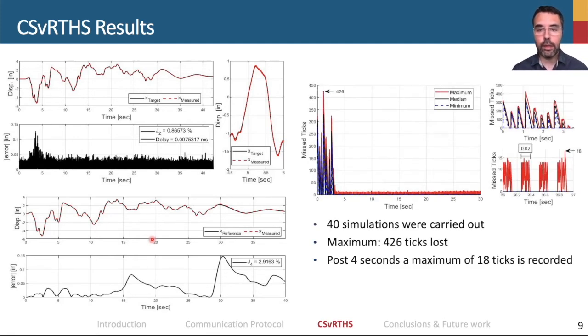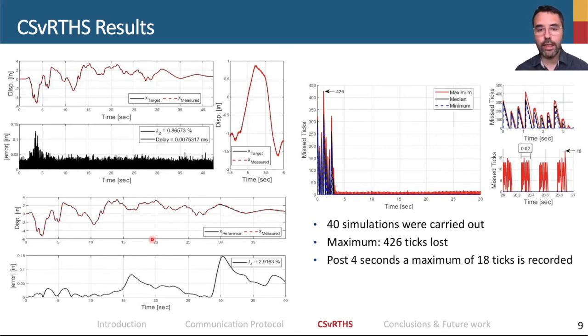Regarding the lost data from this soft real-time system, we plot the mistakes at each time step. We conducted 40 simulations to study the variability of the mistakes, which is a function of the load on the CPU of the computer that is running the test.